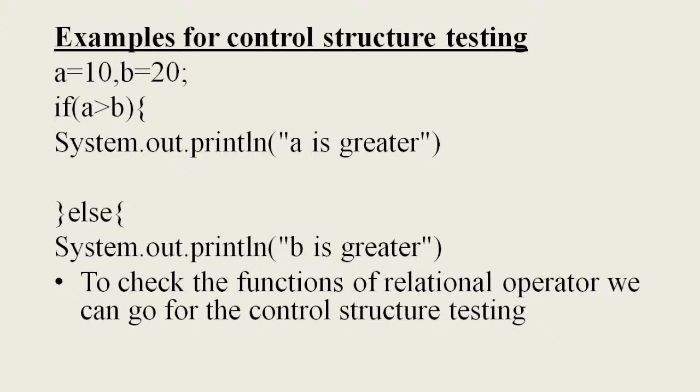Example for control structure testing. Consider two numbers: A contains the number 10 and B contains the number 20. Our work is to compare them and identify which one is greater. So I take the if condition, which contains A greater than B. Here we use a relational expression.